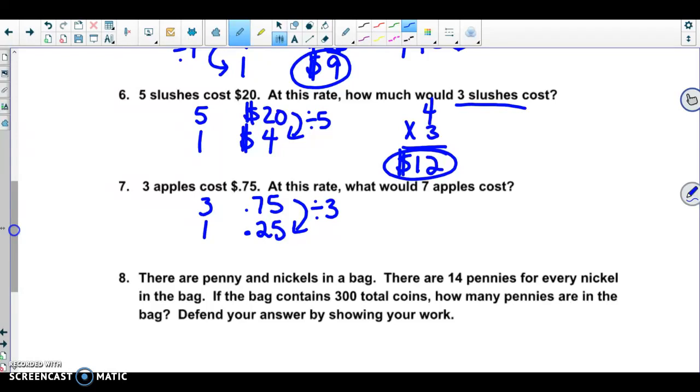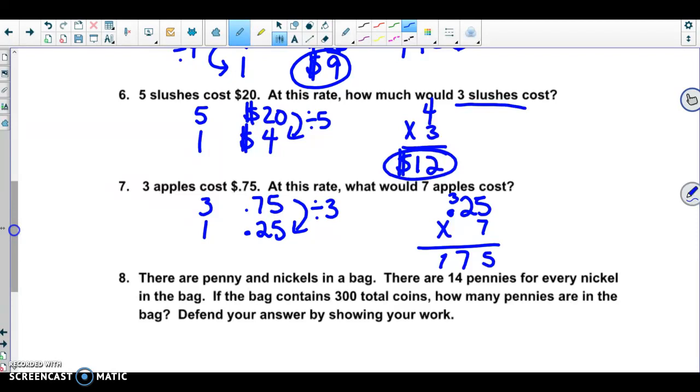So 3 apples is 75 cents. So I could double that and add the 1, or I could just take the 25 cents times 7 and end up with our answer there. Wait a minute, I just did something wrong. No, I didn't. 7 times 5 is 35, so 5 carried my 3, and 2 times 7 is 14, plus the 3 would give me 17.